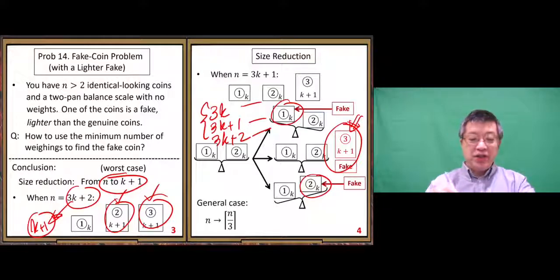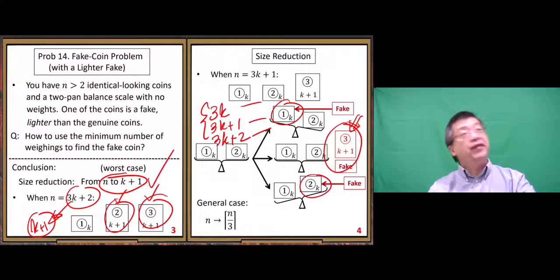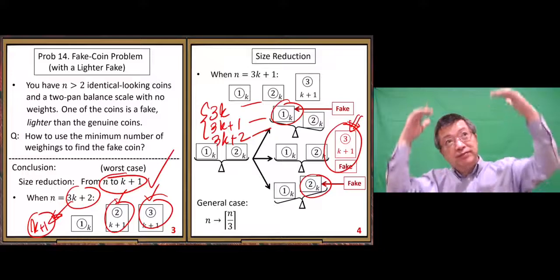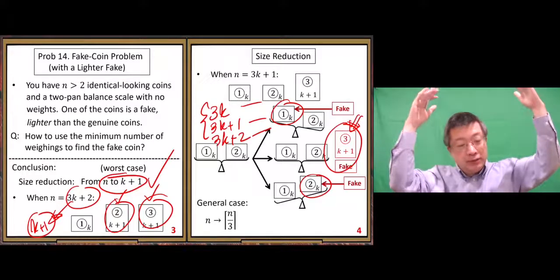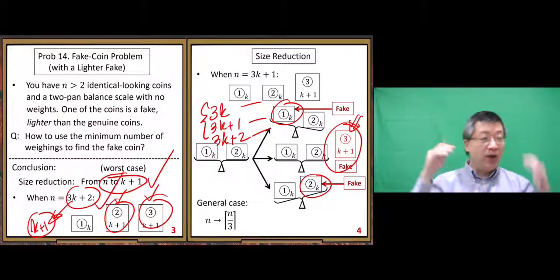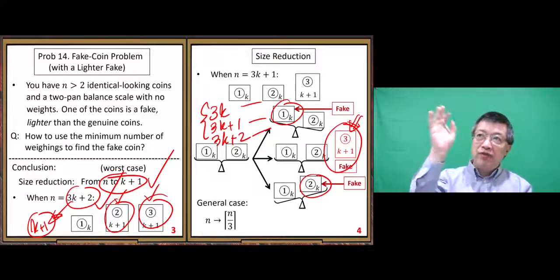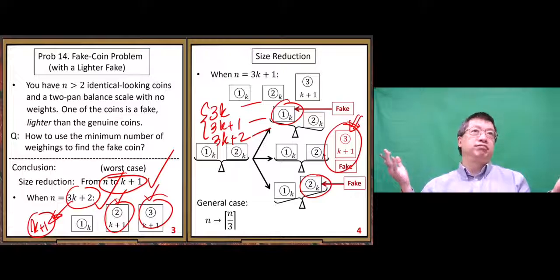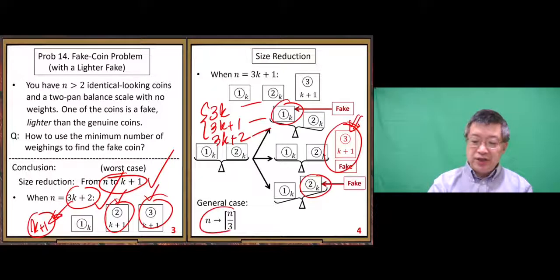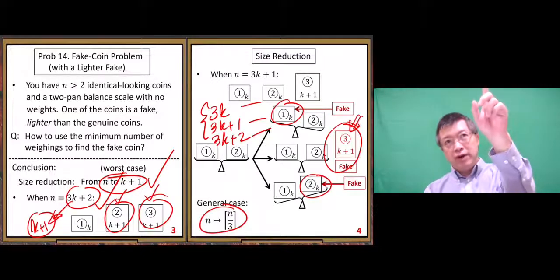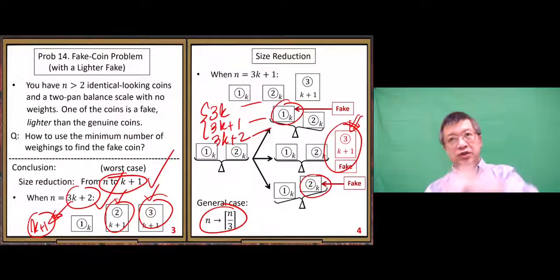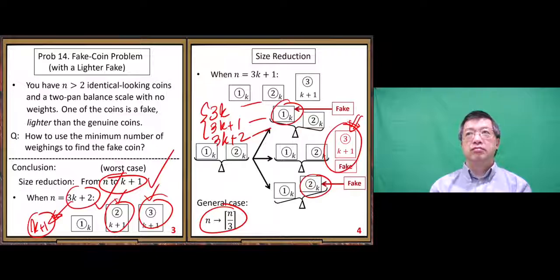You can check: this case is correct, ceiling function, rounded up. This case also correct, rounded up. And n equals a multiple of 3 also correct. So this is one unified representation to cover all the cases.